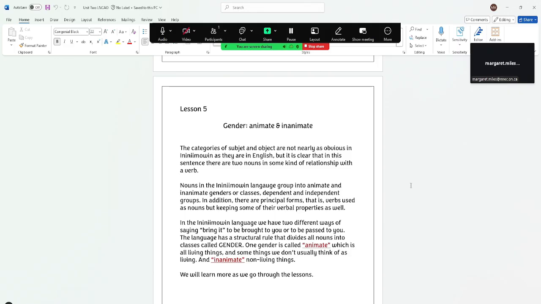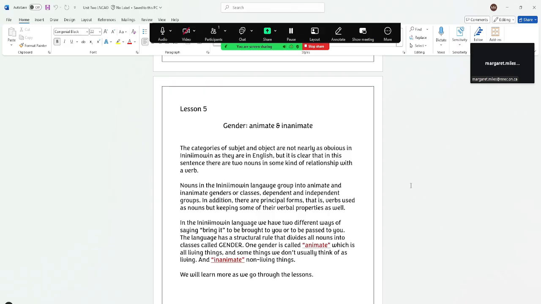Nouns in the Ininiimowin language group into animate and inanimate genders or classes, dependent and independent groups. In addition, there are principal forms, that is, verbs used as nouns but keeping some of their verbal properties as well. In the Ininiimowin language, we have two different ways of saying bring it, to be brought to you, or passed to you.